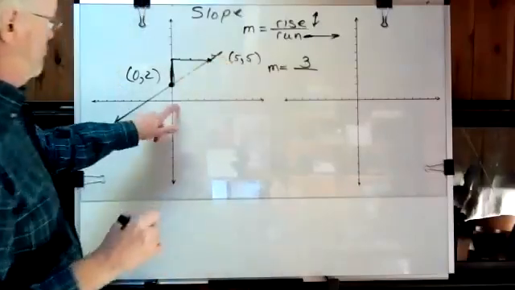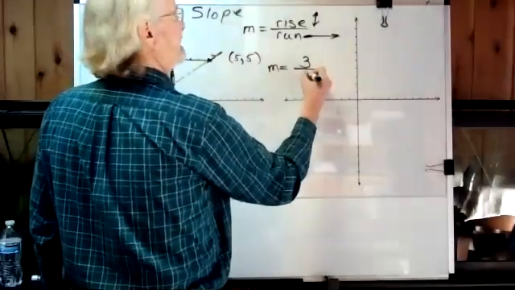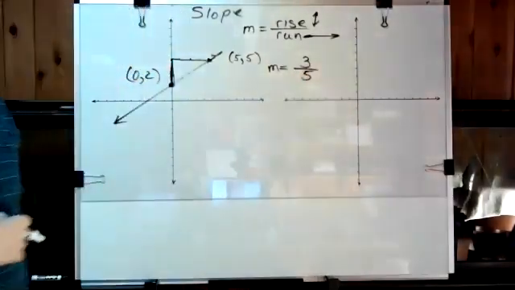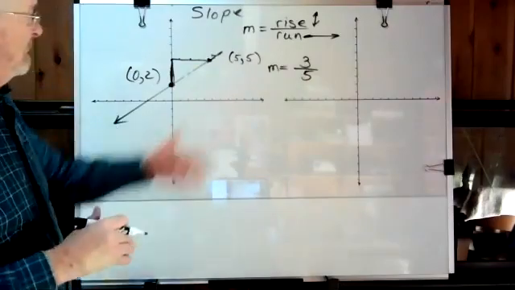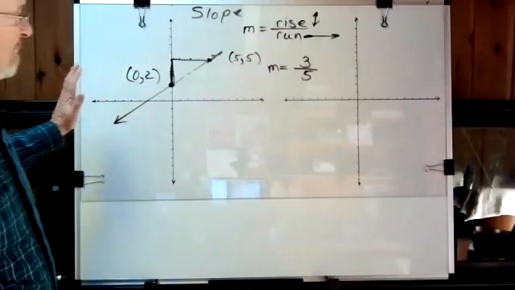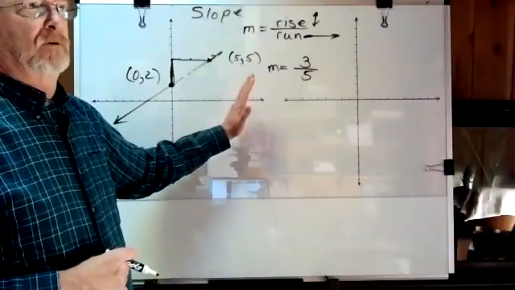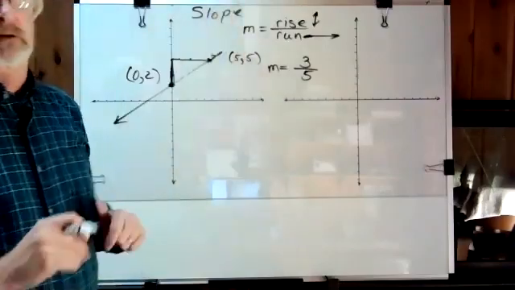Squeeze it in there, right? I called it 5. So the slope, or the rate of change of this line, is this ratio 3 to 5, or 3/5. For every 5 units I travel horizontally, I'm going to change 3 units vertically.